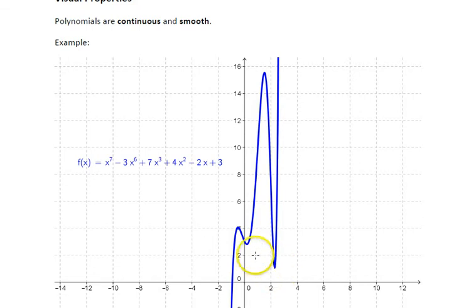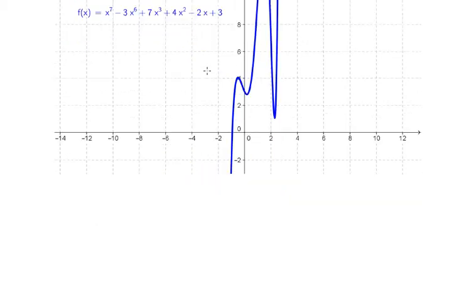If we were to zoom in closer and closer to this area here, we'd see that it is curved, and if we got close enough, we could make it widely curved, appearing almost as a straight line down there. And this particular polynomial here is a 7th degree polynomial. Continuous and smooth.